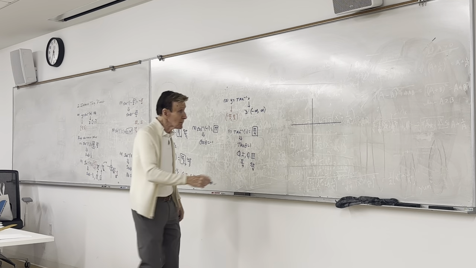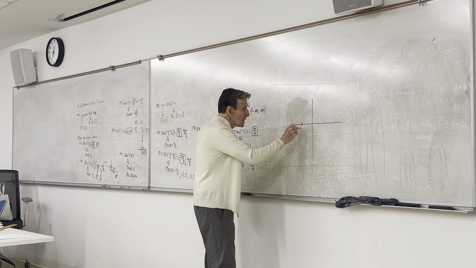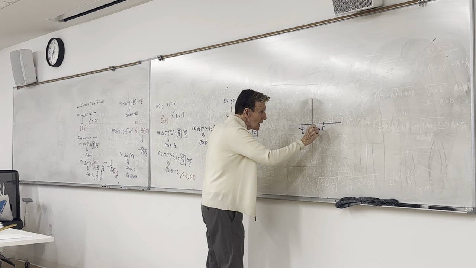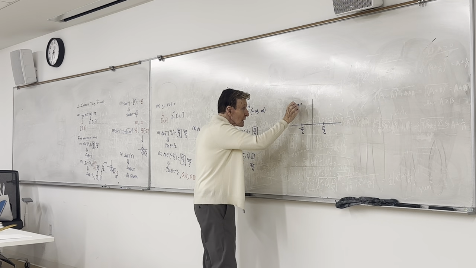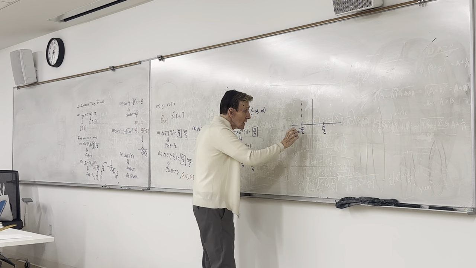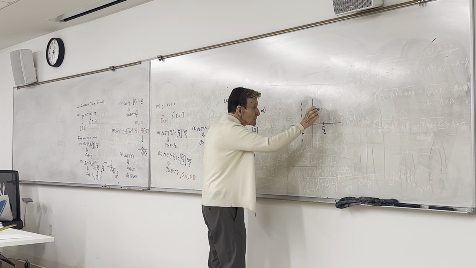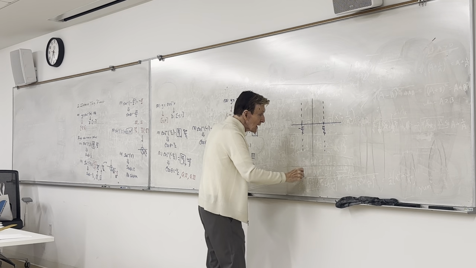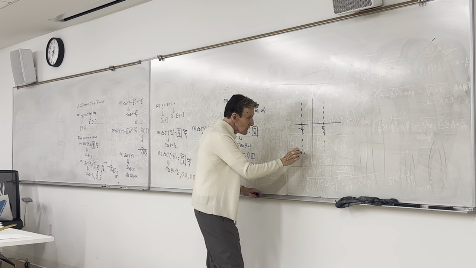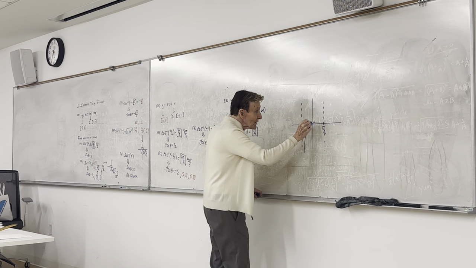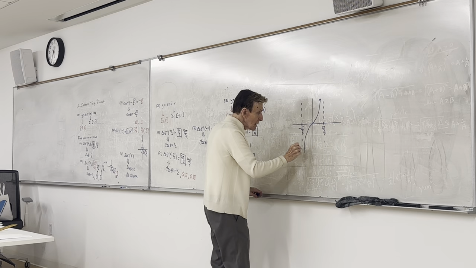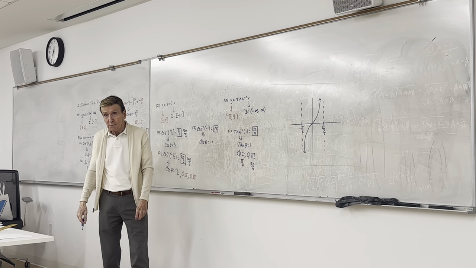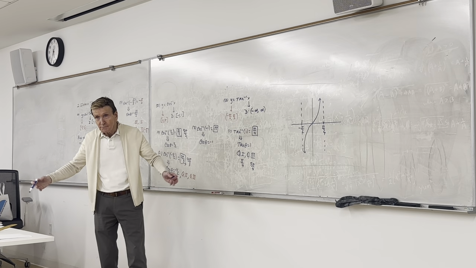It's caught between negative pi over 2 up to pi over 2. And I think we had an asymptote here, an asymptote here. And guys, remind me, did the graph look something like this, with those asymptotes? Was that one cycle of the tan graph?